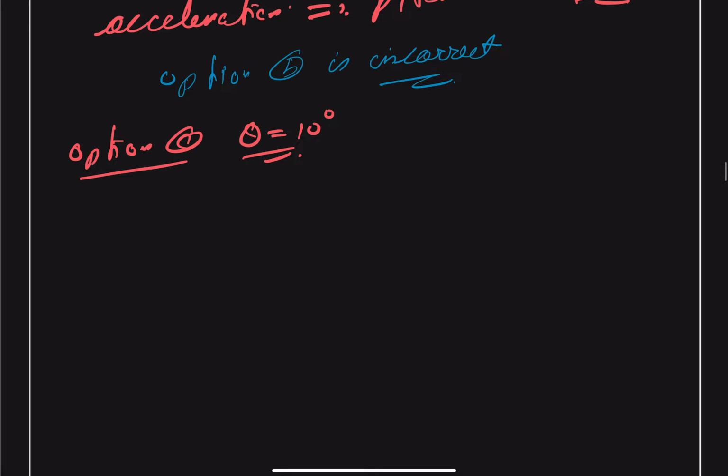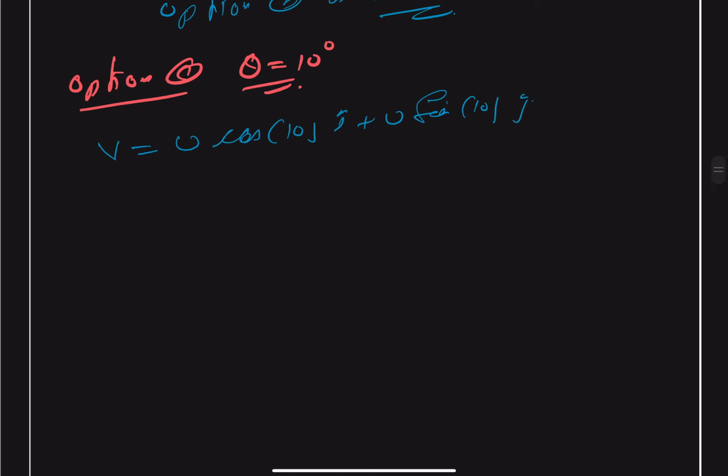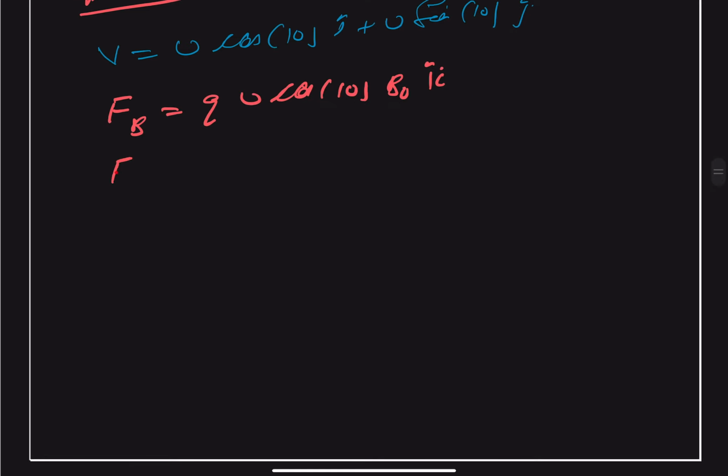Therefore we can write our velocity v will be equal to v cos of 10 i plus v sine of 10 j, and our magnetic force Fp will be equal to q v cos of 10 B naught k, and our electric force is equal to q E naught j.